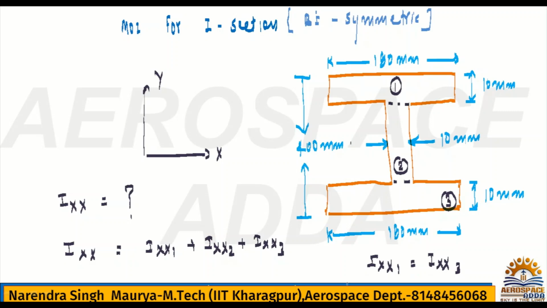So now onward, we have the vertical distance, whatever is given, 400 mm. Again we'll identify, if we calculate this vertical height, how much it will come.